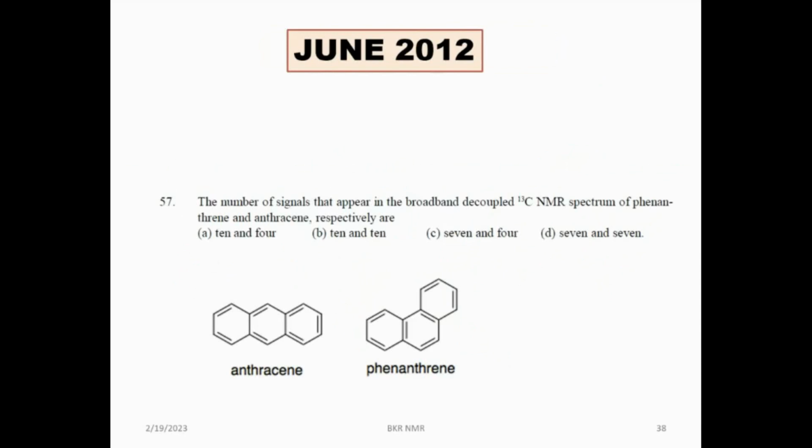The number of signals that will appear in the broadband C13 NMR spectrum of phenanthrene and anthracene. I have given you the structures, so you can easily look at them and tell me. This is phenanthrene, which should be answered first. How many signals in phenanthrene?